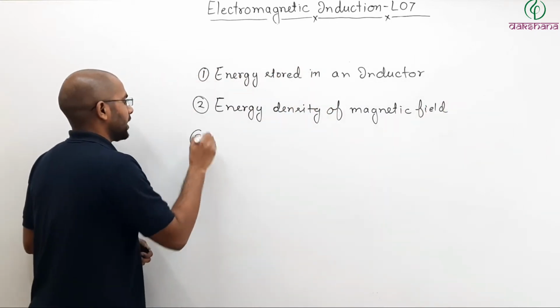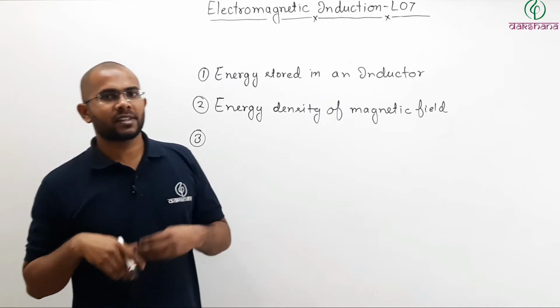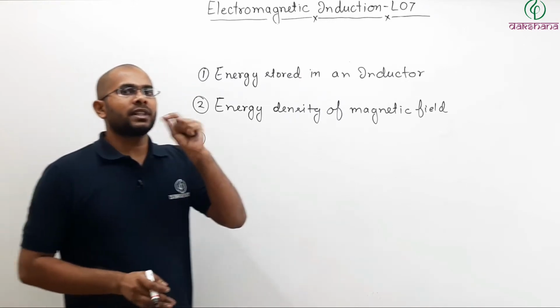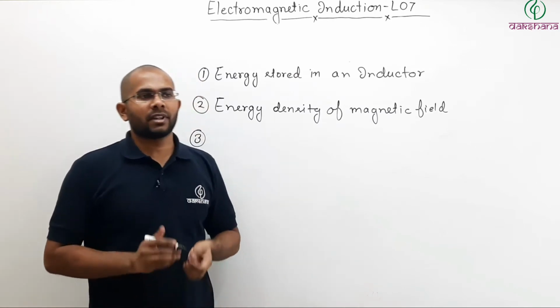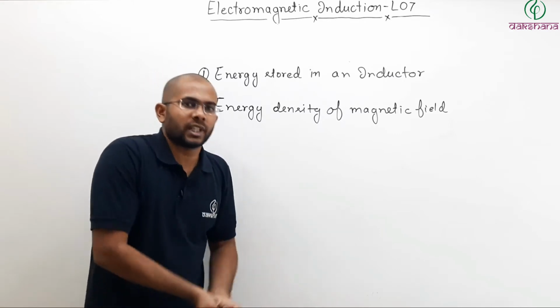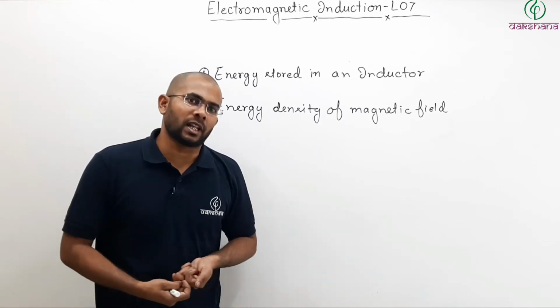Now there are two very small subtopics that are left. We have discussed inductors, but we have not discussed what happens if two inductors, or more than two inductors, are connected in series or parallel.